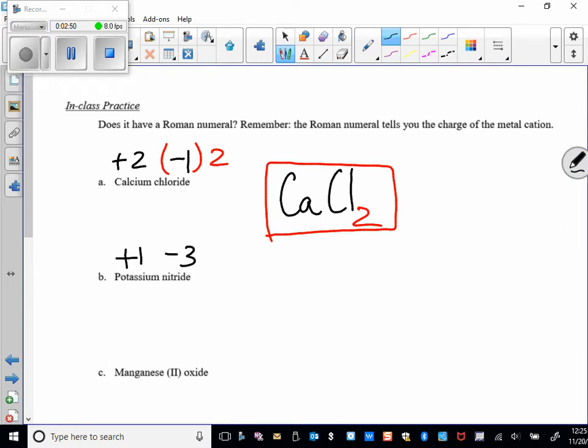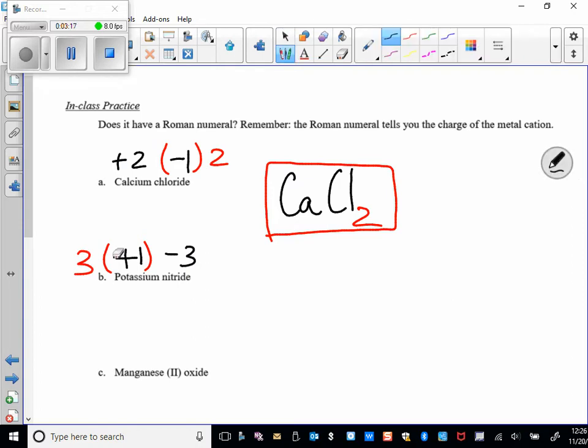Now it's a plus 1 and a minus 3. Now if I multiply the potassium side by a number so that it becomes positive 3, it will cancel the negative 3. So what number will I multiply potassium by in order to make it a positive 3? Just 3. 3 times positive 1 is positive 3. It will cancel the negative 3.